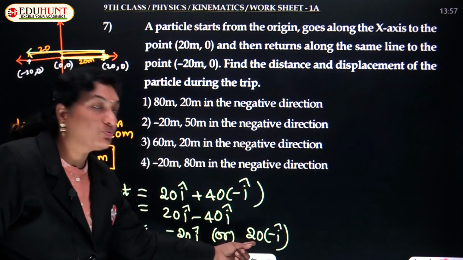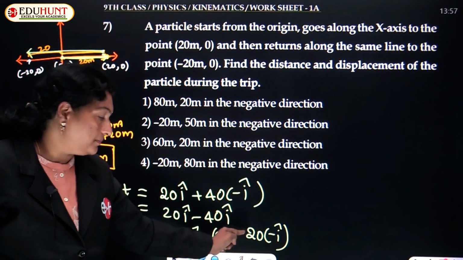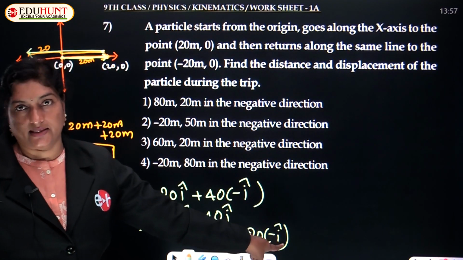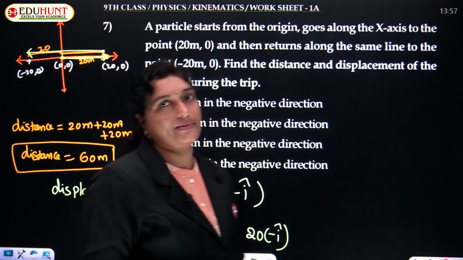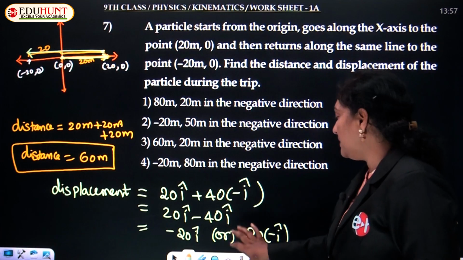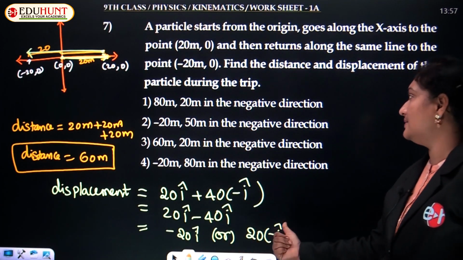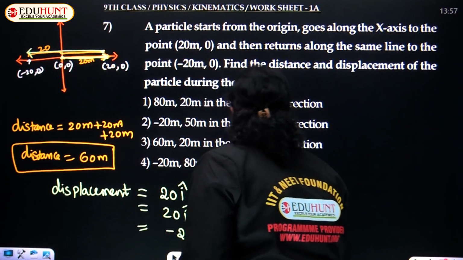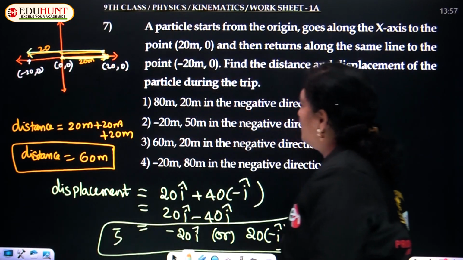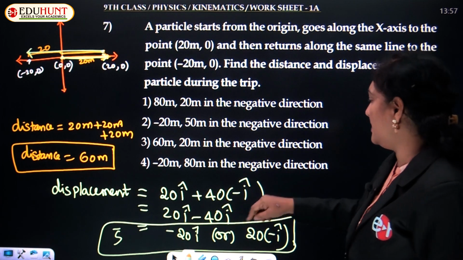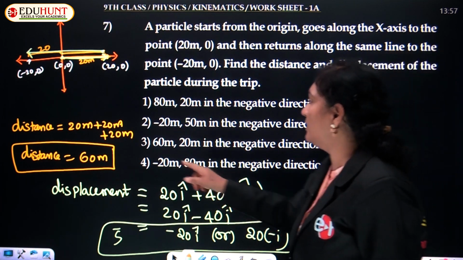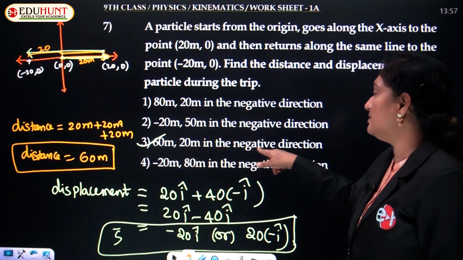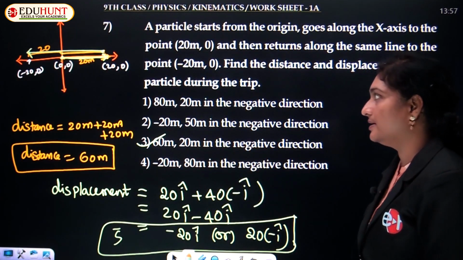The magnitude of the displacement vector is 20 meters, whereas it is directed along the negative x-axis. Minus i cap indicates the negative i direction. So, what is the displacement? 20 meters along the negative x direction. So, which one is the correct option? The answer is 60 and 20 along negative. So, the only correct option is the third one. Distance is 60 meters and 20 meters in the negative direction is your displacement.